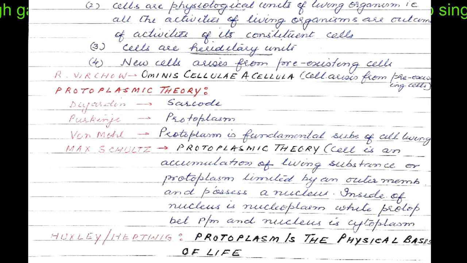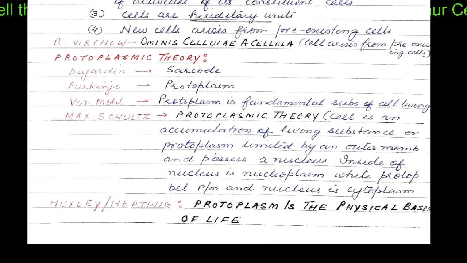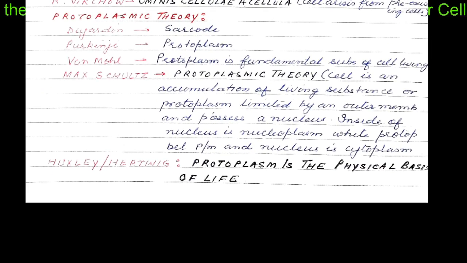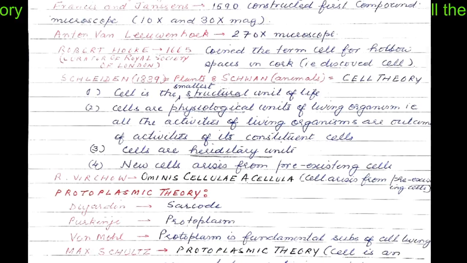Inside the nucleus, the protoplasm is termed as nucleoplasm, whereas the protoplasm which lies outside the nucleus is termed as cytoplasm. Huxley and Hertwig stated that the protoplasm is the physical basis of life.